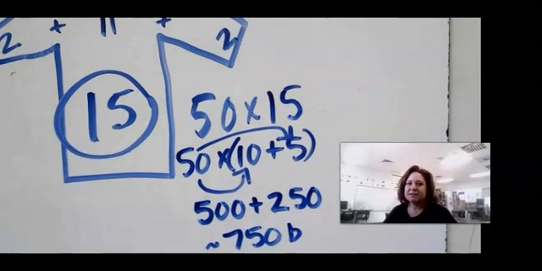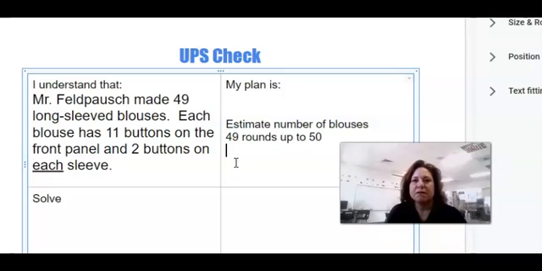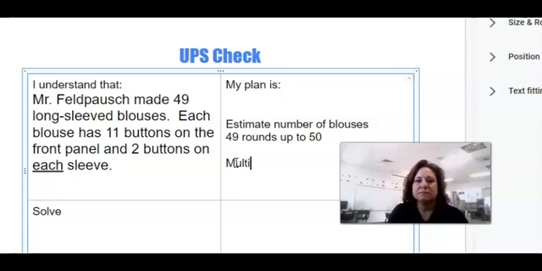This is my estimate. So we estimated the number of blouses. 49 rounds up to 50. And then we multiply by 15 buttons each, right?